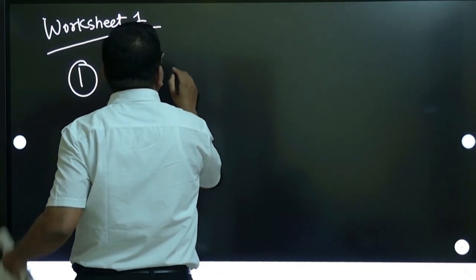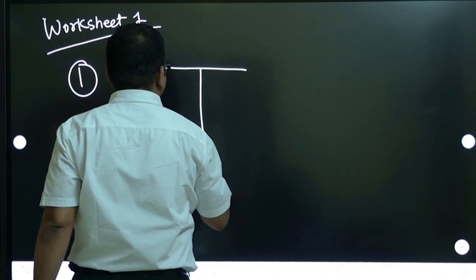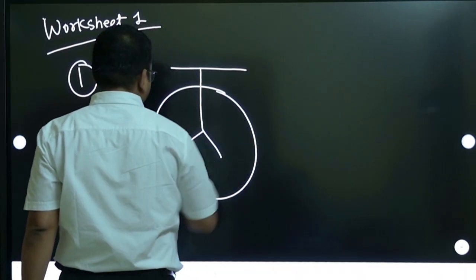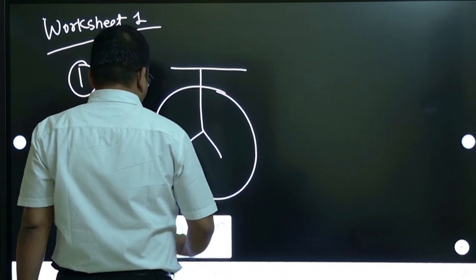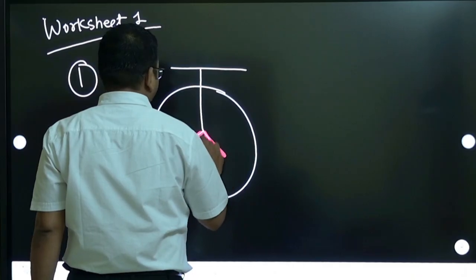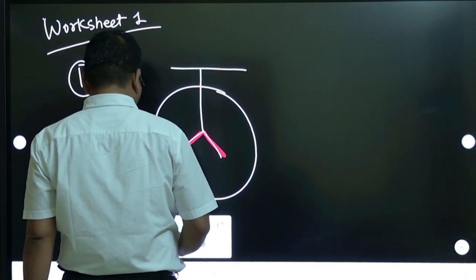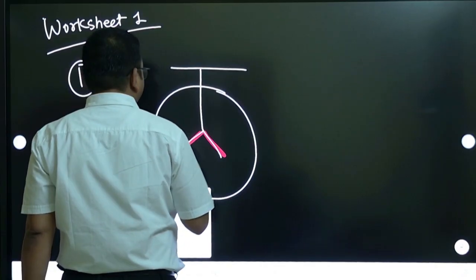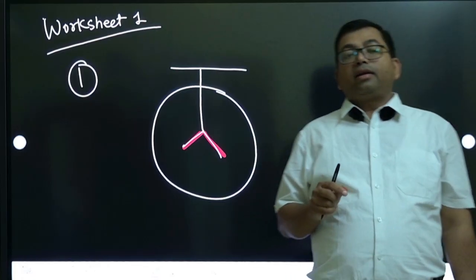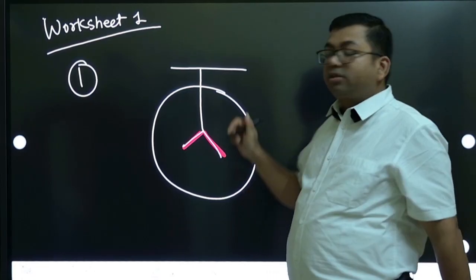The diagram is given here. This is a rough sketch, and these two are called foils. They are gold plates. So there are two gold plates, and any charged object you have to touch here.